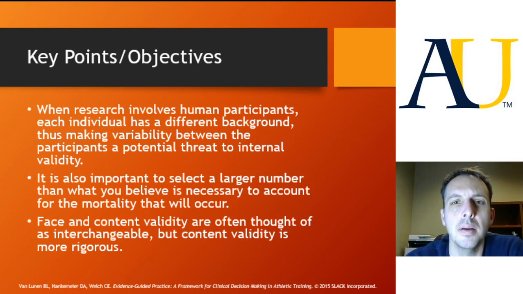We're also going to look at some of these specific threats from the standpoint of mortality and what that is and how that goes about affecting the validity of the study, and then talk a little bit at the end about the validity of specific measures as well.